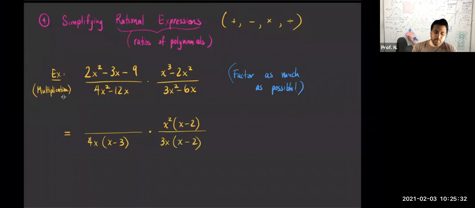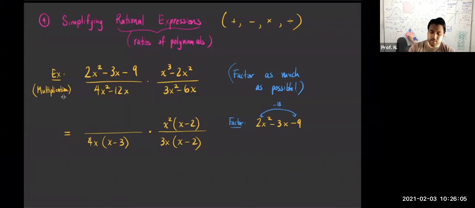And now we're left with 2x squared minus 3x minus 9. How do we factor this? Remember the AC method? 2 and 9. If I multiply 2 by negative 9, I get negative 18. What two numbers multiply to negative 18 but give me negative 3 when you add them? 6 and 3, which one is negative?